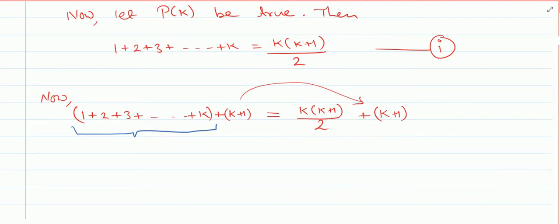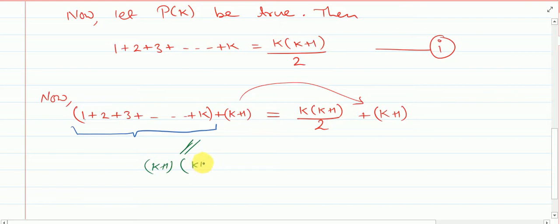Actually what we are trying to bring on the right hand side is, like here it is from 1 plus 1 to k plus 1, so we are trying to bring this now, following the same pattern.